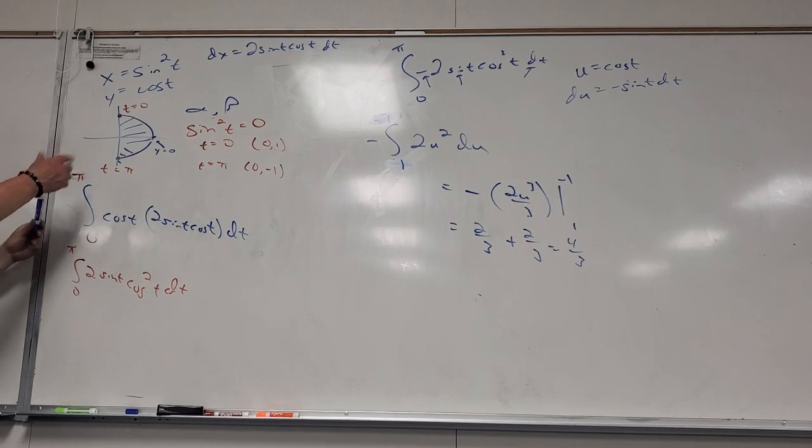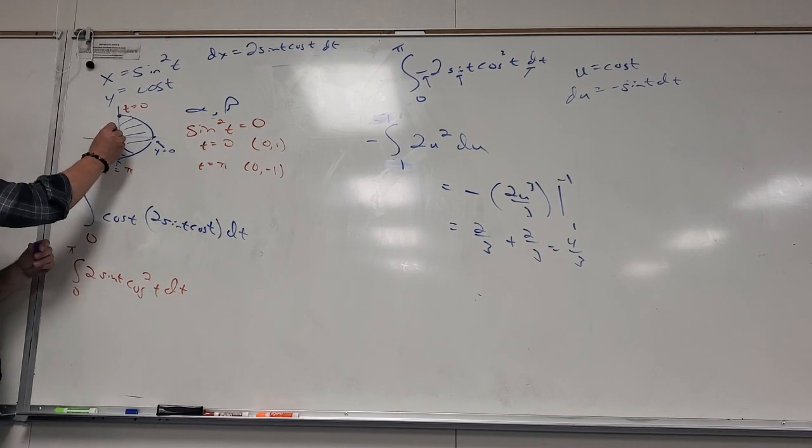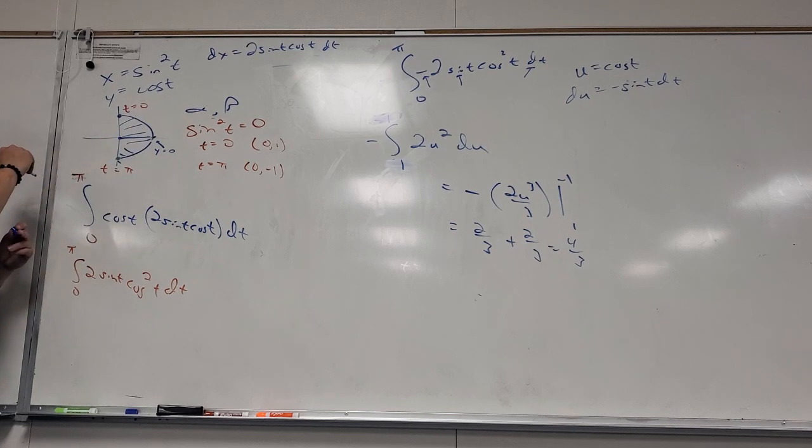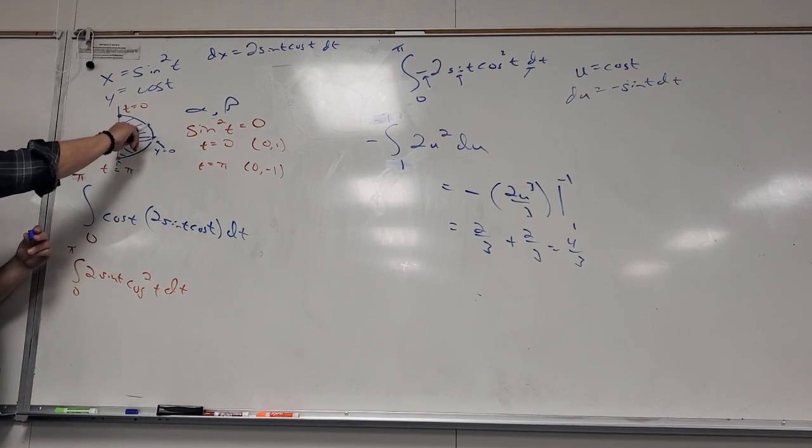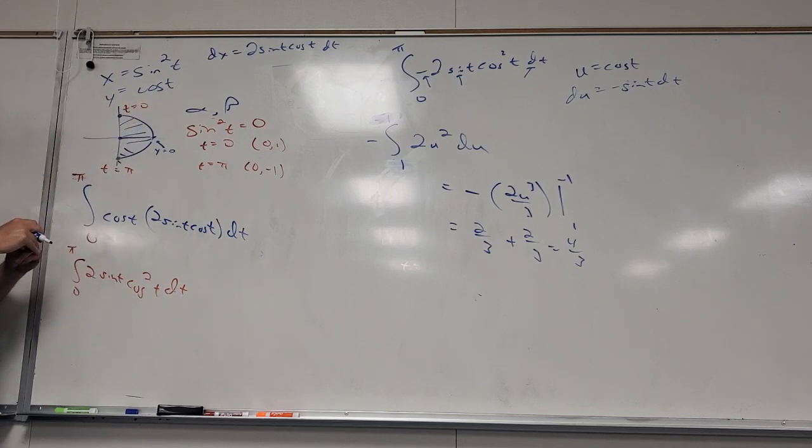Otherwise, I would have asked, what's the area? If this was a circle, wouldn't the radius be 1? And a radius 1 circle has an area of what? Pi. Yes? But 4 divided by 3 is not equal to pi, correct?